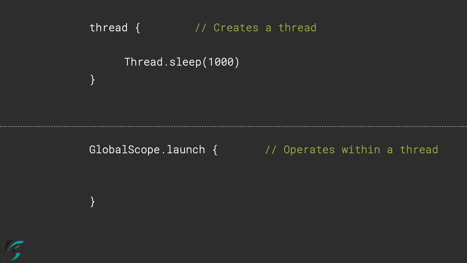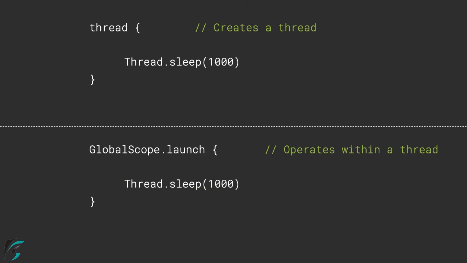So let's get a quick summary of what we saw just now. We created a thread using this lambda expression in Kotlin, and we delayed the thread, or pretended that we are doing some job, by using this Thread.sleep function. And then we saw how to create a coroutine which is attached to a thread by using this syntax.